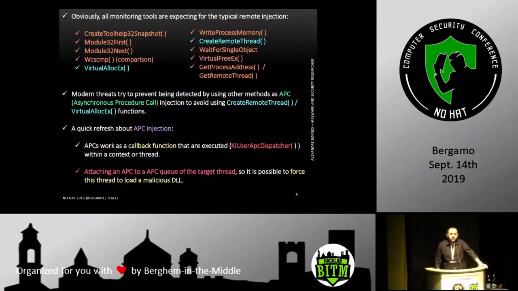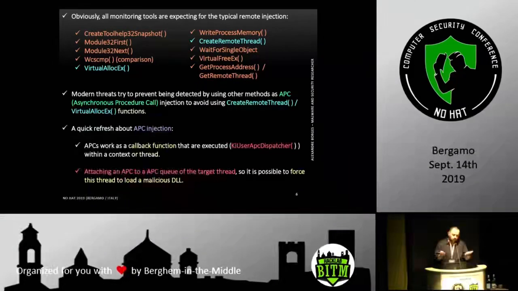Advanced threats have been using any kind of usual APIs, and usual APIs are so easy to detect. For example, most advanced threats have been using APC injection. As you know, APC injection is a very subtle method to inject code in another thread.